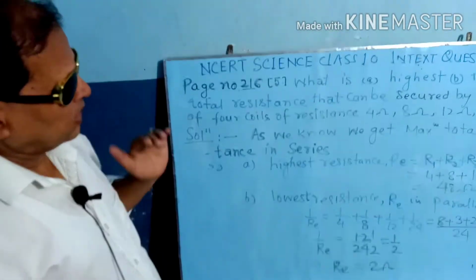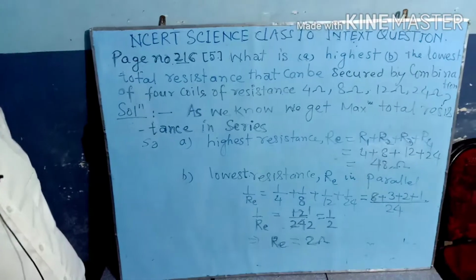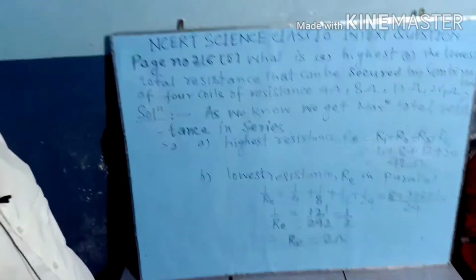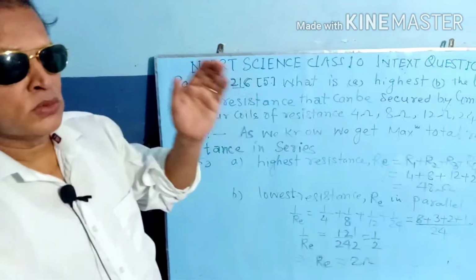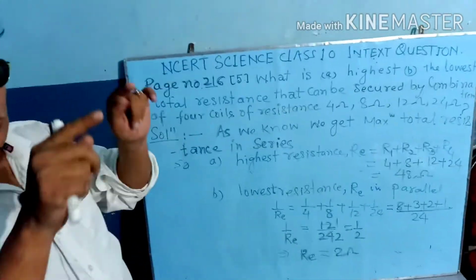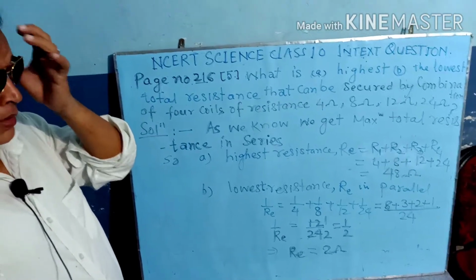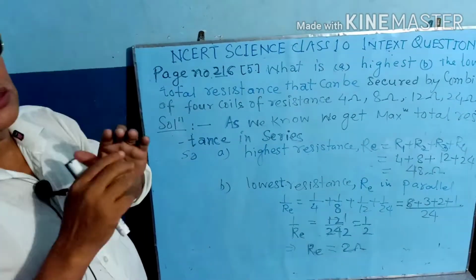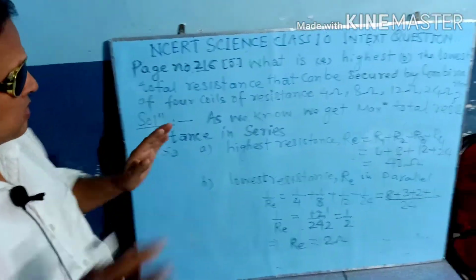We have in theory learned that in series we add all resistances to get total resistance. So in series we get highest total resistance, which is greater than all the individual resistances.